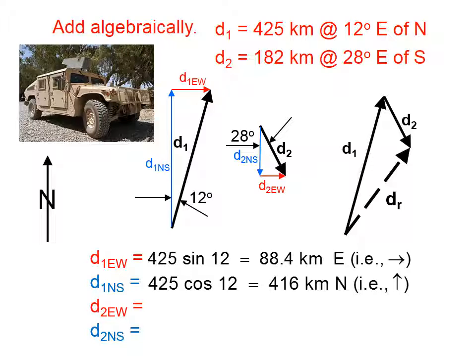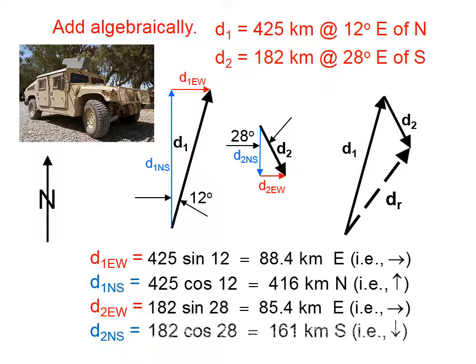We're going to use the cosine of 12 to find this blue vector. Similarly, use the sine to find the east-west component of vector d2, and we're going to use the cosine of 28 to find the south component of vector d2. Now I have 4 component vectors.